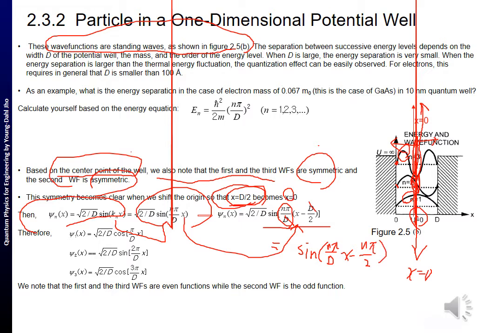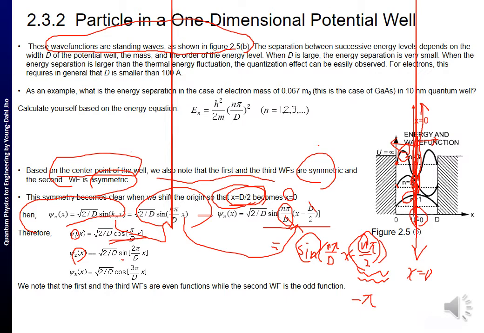When n is 1, we have an addition of phase of minus pi over 2. Then we change the sine function into cosine, right? When n is 2, then we have an additional phase of pi.